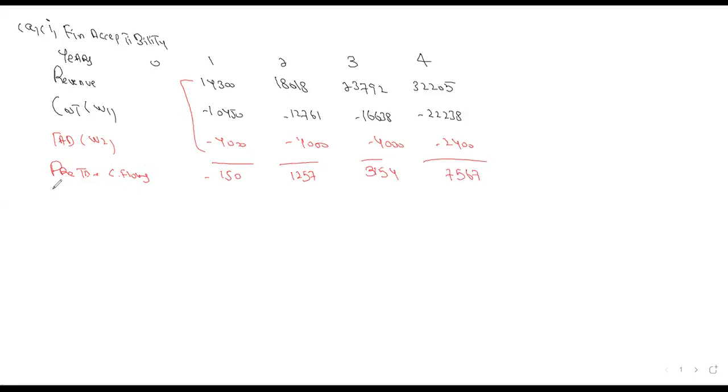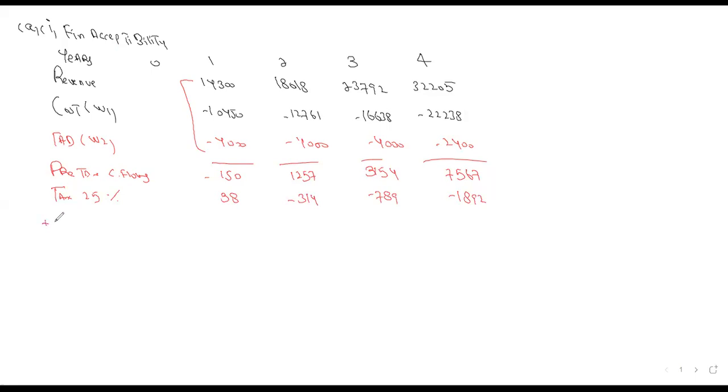Apply the tax at 25%. The examiner said the losses can be offset as other projects are available, so we can claim the savings. That will be 38. Here pay the tax: 314, 789, and 1,890.